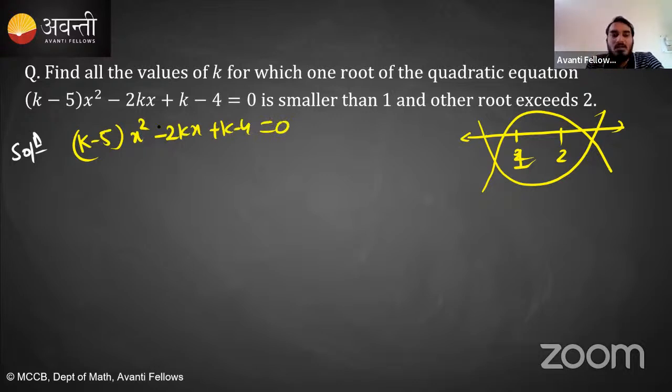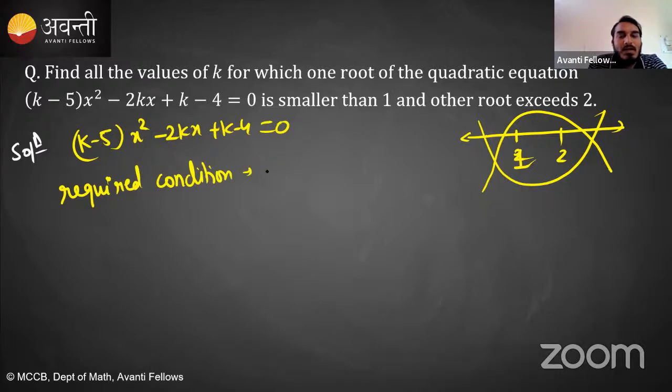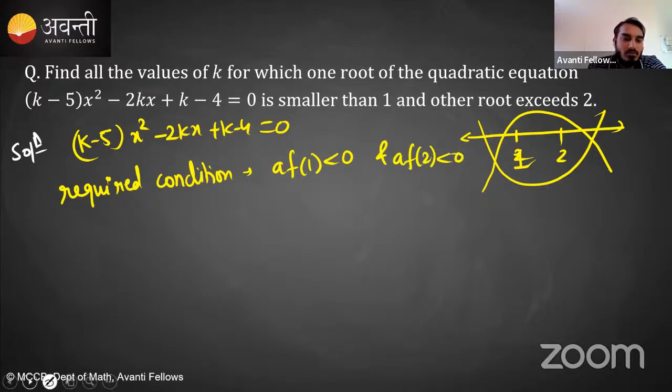Right? So tell me, what is the required condition? Required condition क्या है? That a into f of 1 less than 0 and a into f of 2 less than 0. That's all.